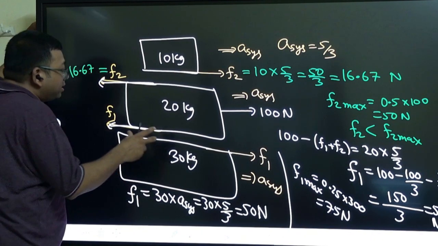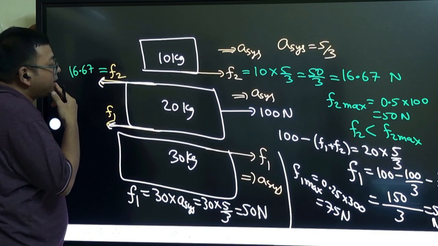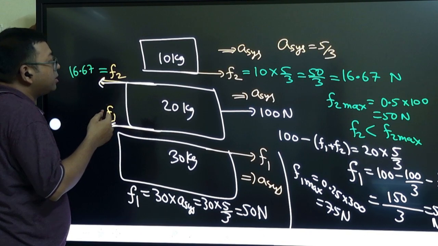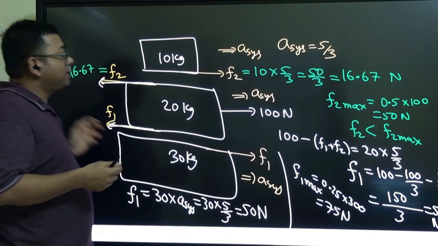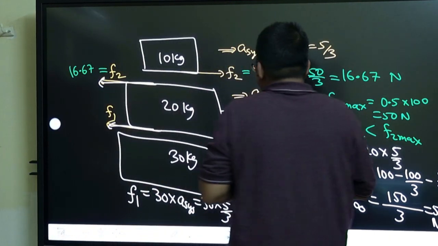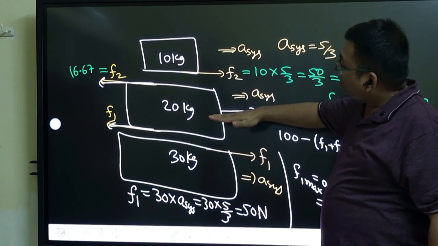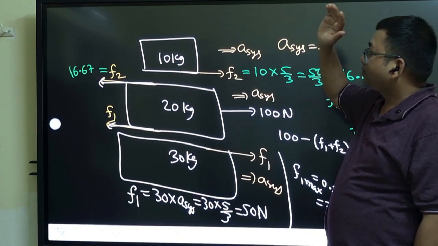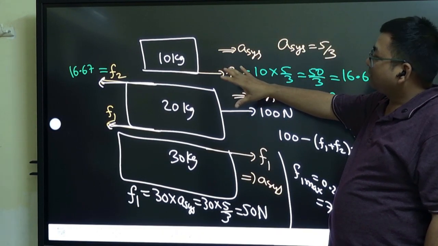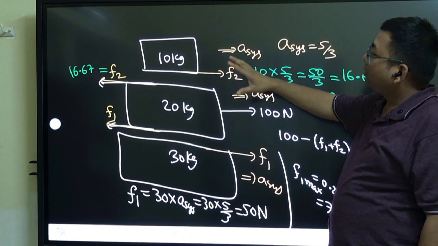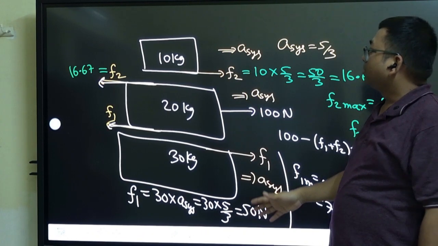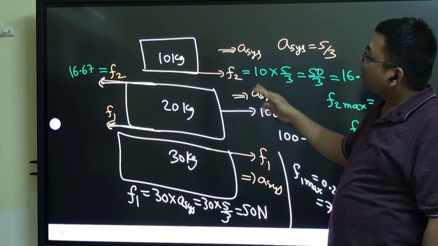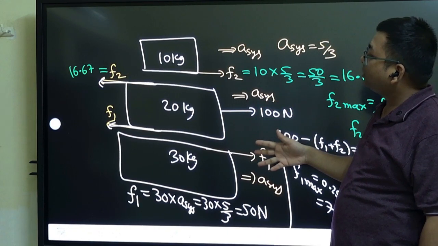So I think here the middle confusion is happening. Middle we can think it like that. When we are thinking the middle one, maybe we can combine the middle one and upper one together. That is possible to do. Because if you don't combine, then you need to draw free body diagram of each one and then start.